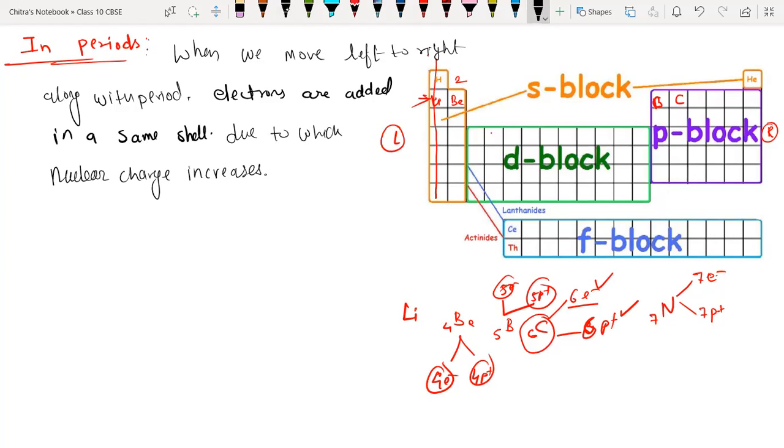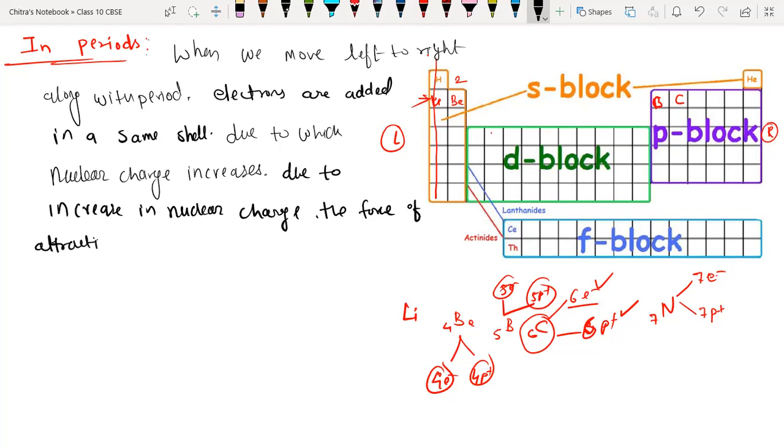Due to the increase in nuclear charge, the force of attraction between the nucleus and the outermost shell increases.